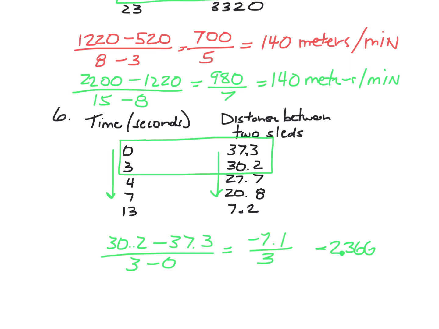Labeled, what did you subtract on the top? That was distance between two sleds, so that could be meters also, and then it would be meters per second. And you could do the same thing using different points.